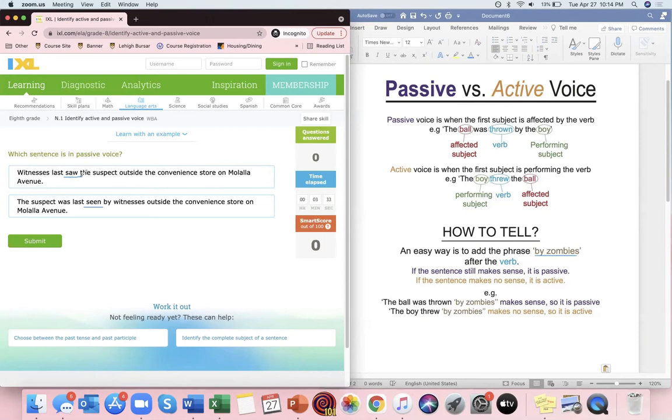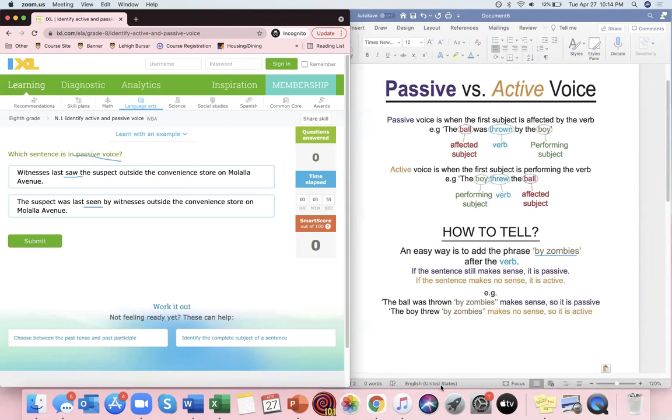So witnesses last saw by zombies versus the suspect was last seen by zombies. Right? So the suspect was last seen by zombies makes sense. Therefore, it is passive. Whereas witnesses last saw by zombies does not make sense.